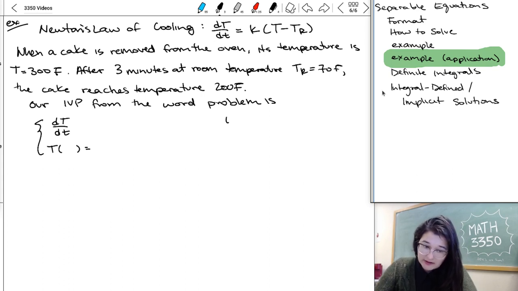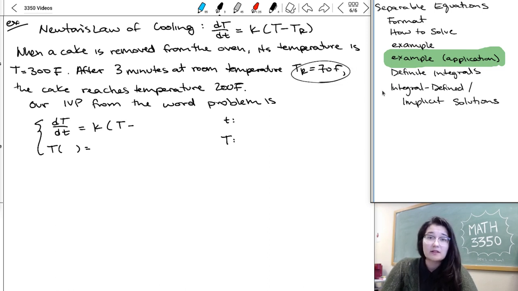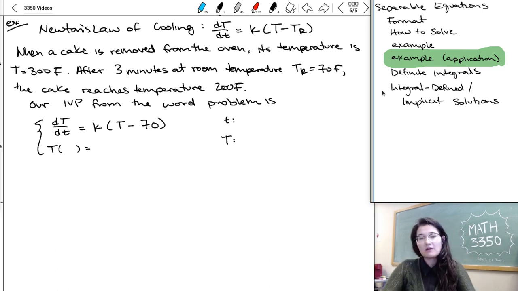Where little t and big T are going to be time and temperature. So our Newton's law of cooling is k times T minus T sub R. And in the problem, we're told that T sub R is 70. So I'm going to go ahead and plug that in. So that's Newton's law of cooling for this room and the cake in that room.